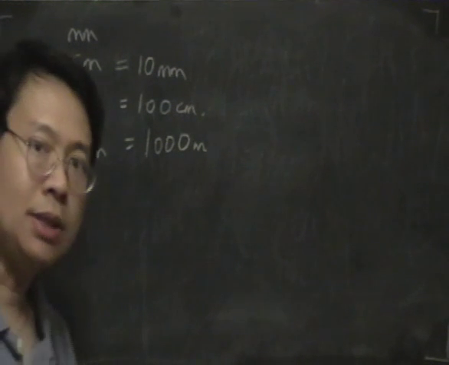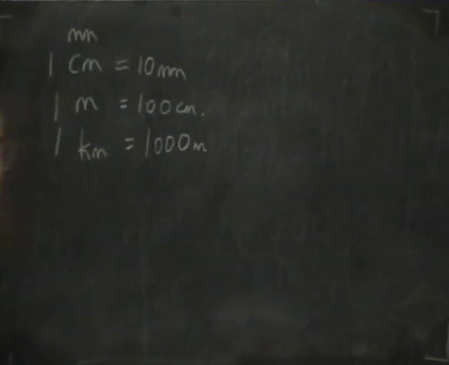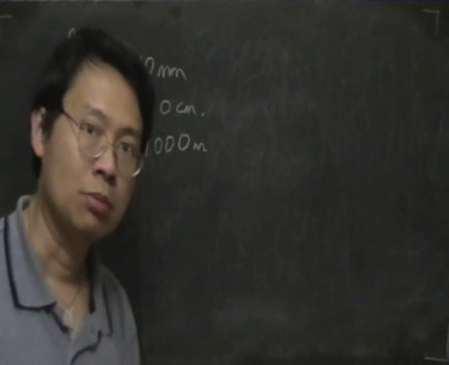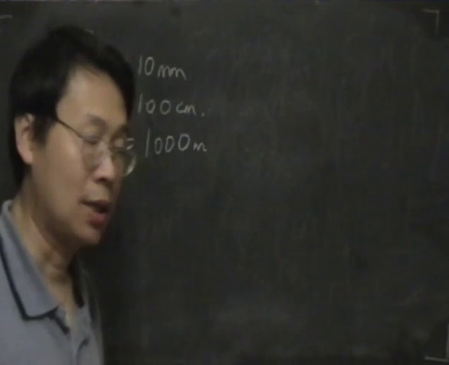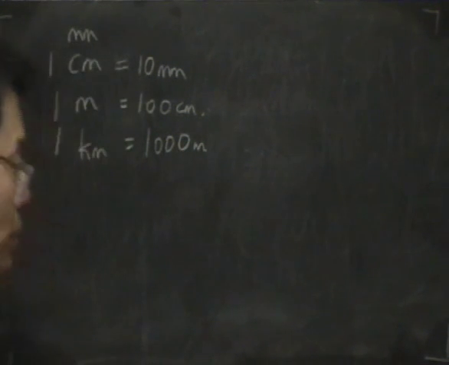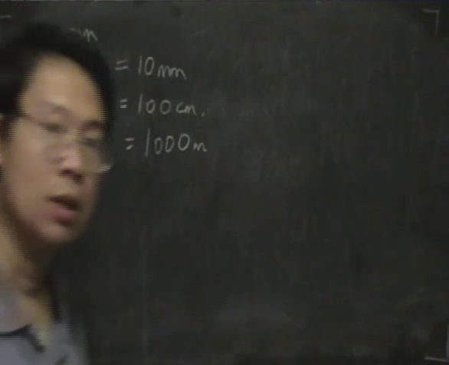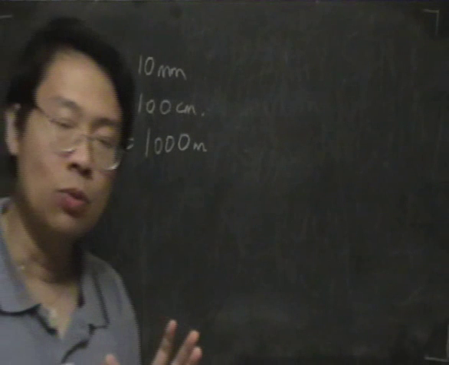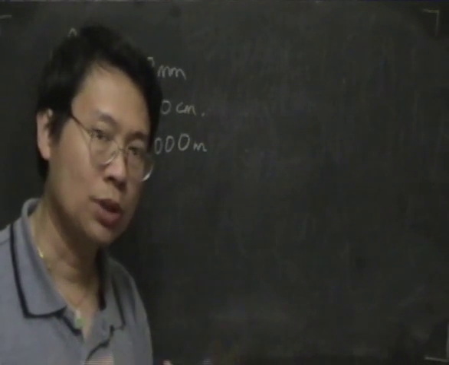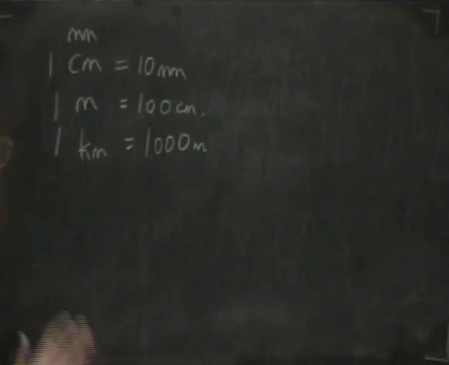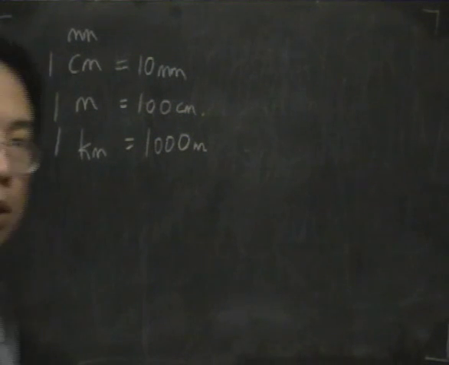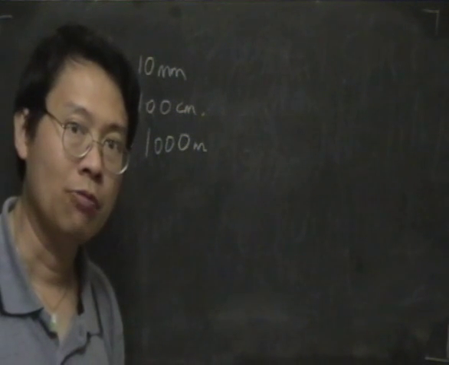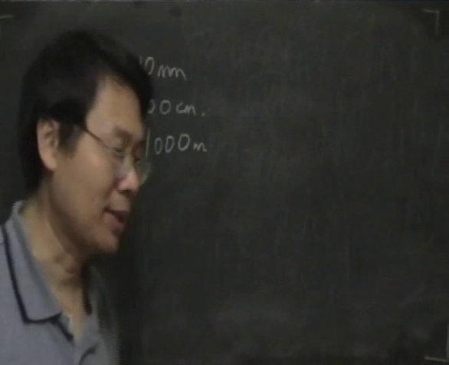So these are the relations that you might be familiar with, and that is used quite often in everyday life. Now, we need a more systematic way to learn these units if we want to do proper mathematics.